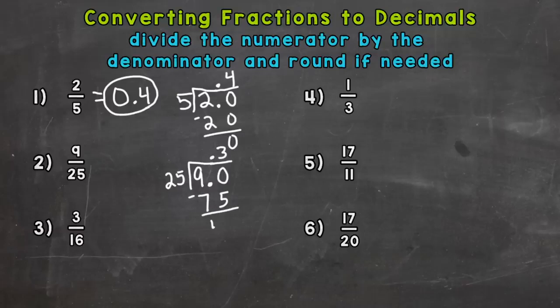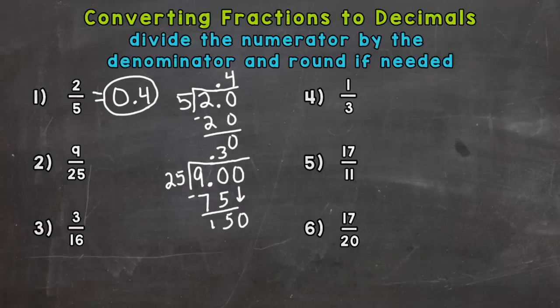Subtract, we get 15. So we did not get a 0 right away like number 1. So we can extend this division problem by putting another 0 on the end. A 0 to the right of a decimal doesn't change the value, so we're not changing the problem at all. Now we can bring that 0 down, and we have 150 divided by 25.